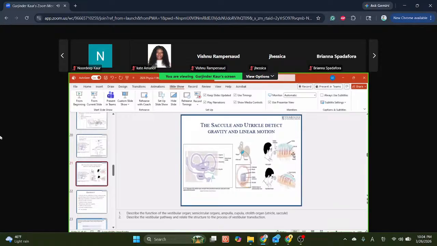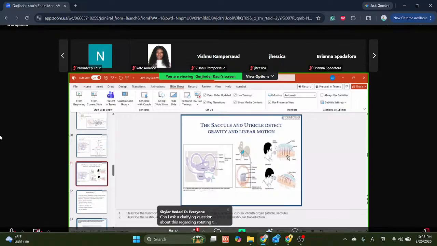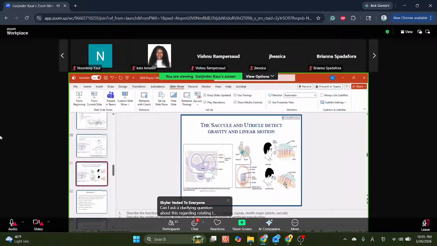Yeah, that's rest. And they have the same system with the kinocilia, the large cilia, that they have one that is larger than the other, and that's what determines the orientation? Yeah, so basically, it's more the movement of the stereocilia that you should be focusing on in this one.